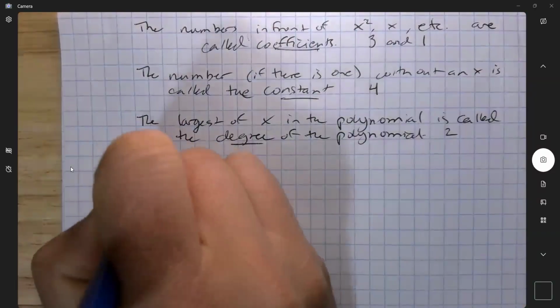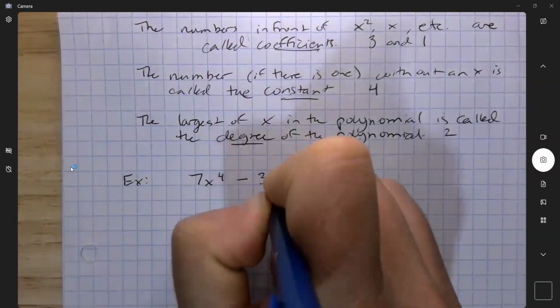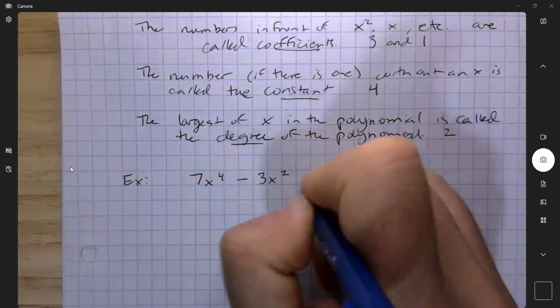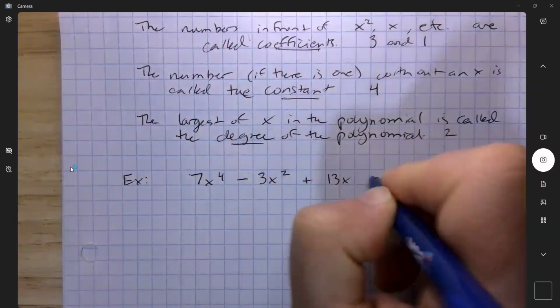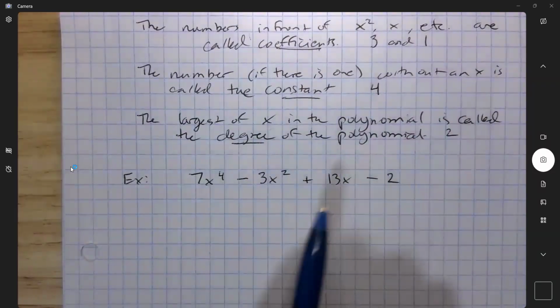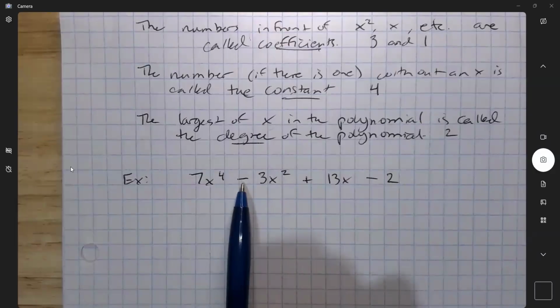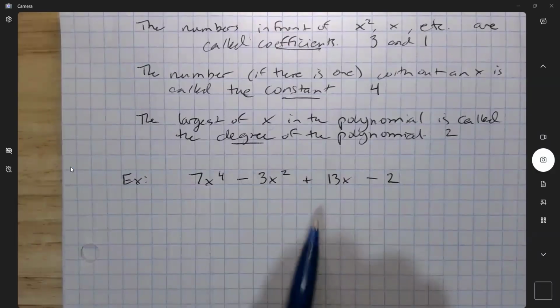So here's an example. Let's do 7x to the fourth minus 3x squared plus 13x minus 2. Now, when I said adding powers of x, you can add negative amounts. And so minus is okay in a polynomial.